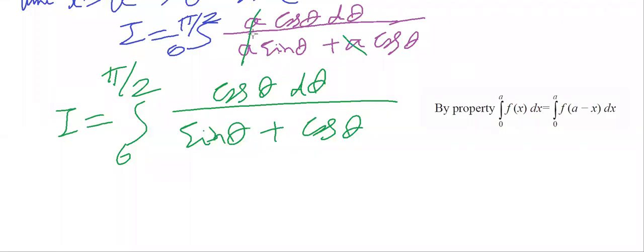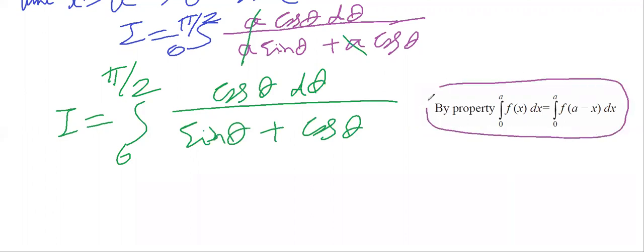Whenever you see the limit that goes from 0 to pi by 2, you should always think of a property. Which one? This property. It's not 100% sure that this property will be useful, but in this case it will be useful. Why?